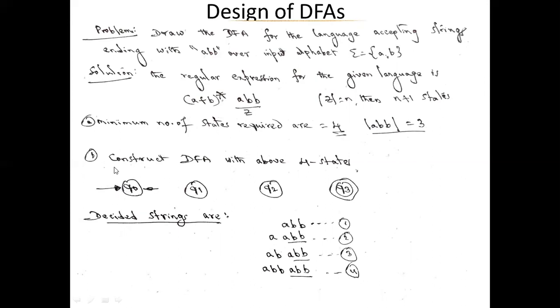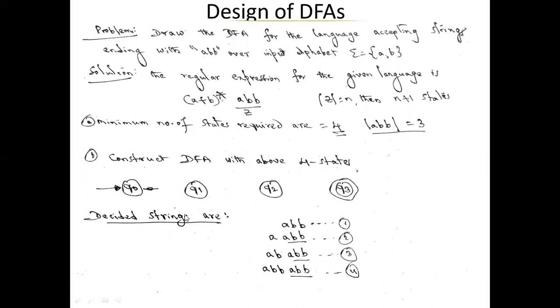The initial state is represented using an arrow. Any state with an arrow is called the initial state. The acceptance state is represented by a double circle. If any state is enclosed within a double circle, then that is an acceptance state, and all the remaining circled states are intermediate states. So this is the first step. We found the number of states required to draw the DFA, and we constructed those states.